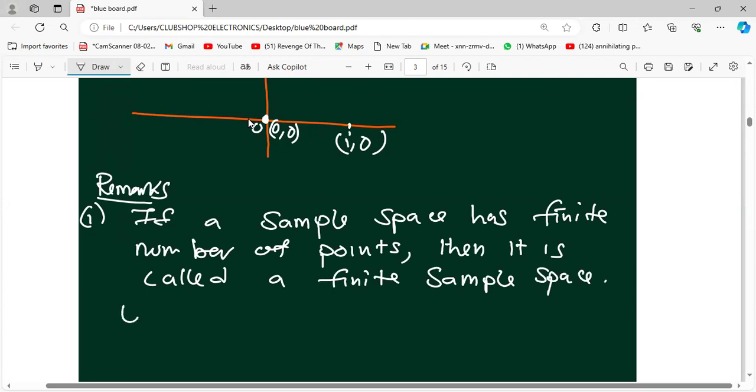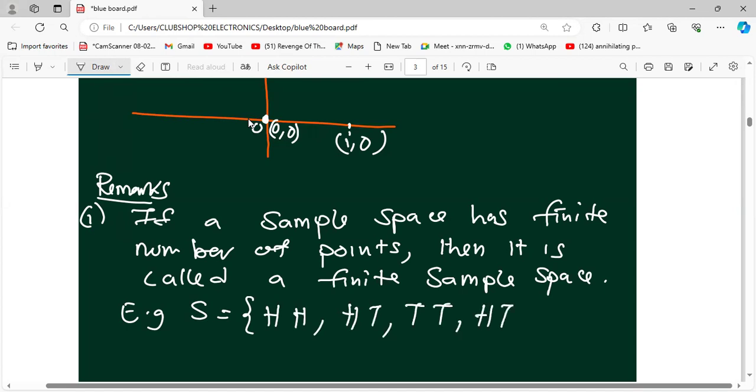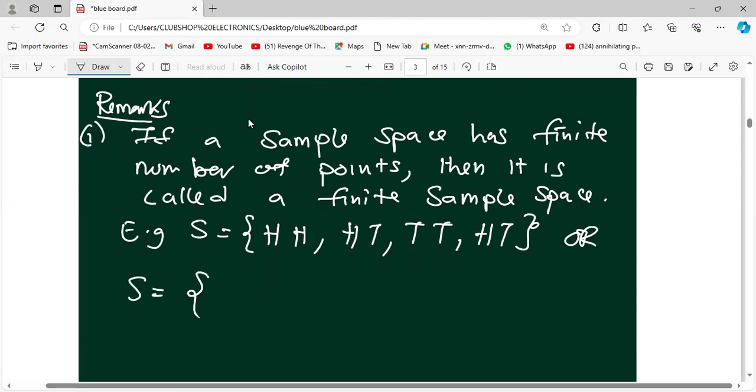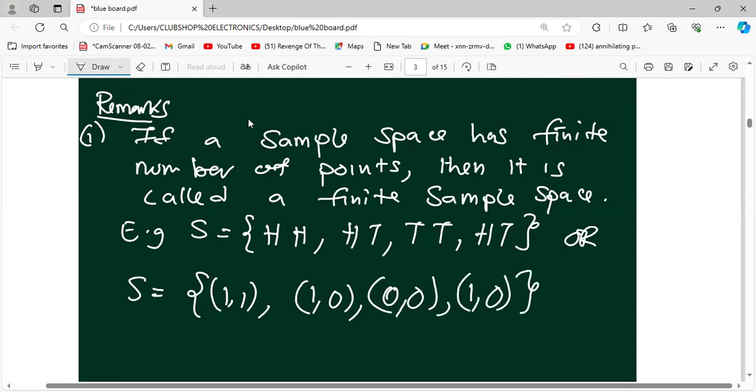For example, we have just had an example where you toss a coin twice. What do you expect? Head, head, head, tail, tail, head, tail, tail, right? Our sample space would be 1, 1, then 1, 0, 0, 1, and 0, 0.